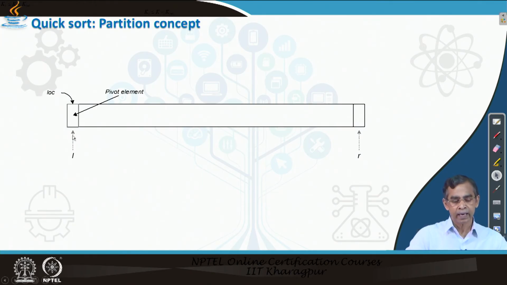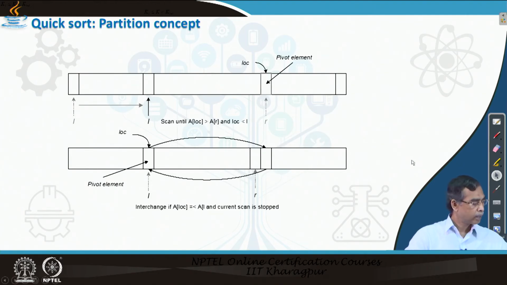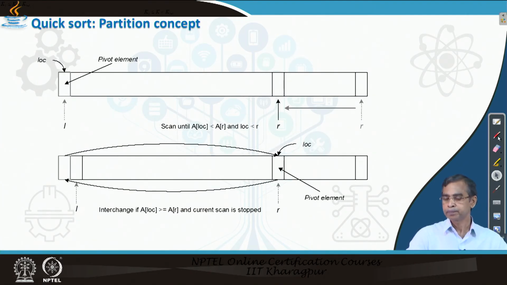So, whenever we are here and looking here, we always look for the greater element, and whenever it is here and looking from here, we see whether elements are less than the pivot or not. So, this procedure will continue and we will stop whenever both these L and R move into the same position. Now, let us explain this algorithm with one example here.